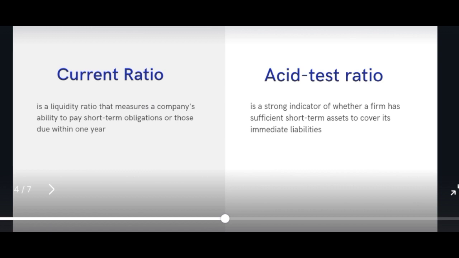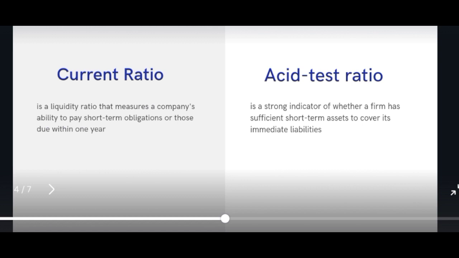So, ang current ratio daw po ay kung kaya ba ng ating company na makapagbayad ng mga payables within 1 year. So, halimbawa, ang ating kumpanya ay nangutang sa bangko ng ganitong halaga. So, ang company ba natin ay kaya niyang mabayaran within 1 year yung kanyang niloan. So, yun po ang ibig sabihin ng current ratio.